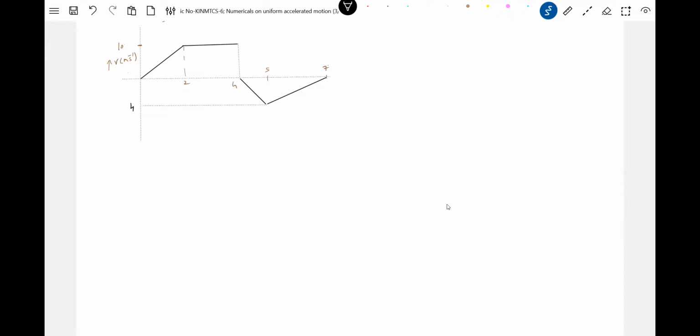Are you seeing some negative part of the graph? In the fourth quadrant we have a certain part of the graph. Try to notice this. We'll shade different colors so that it will be easy for you.